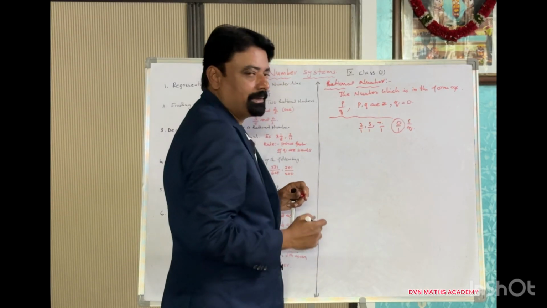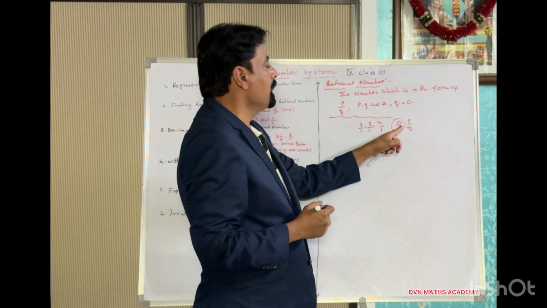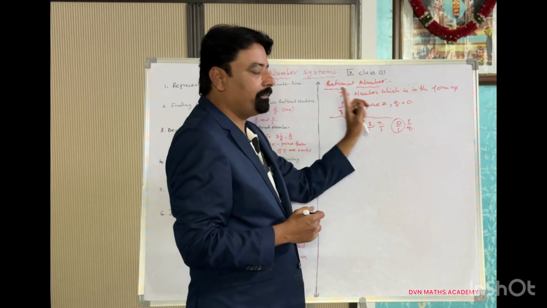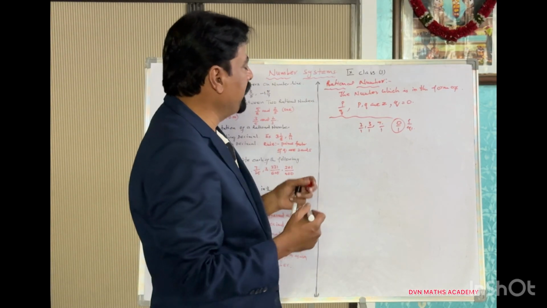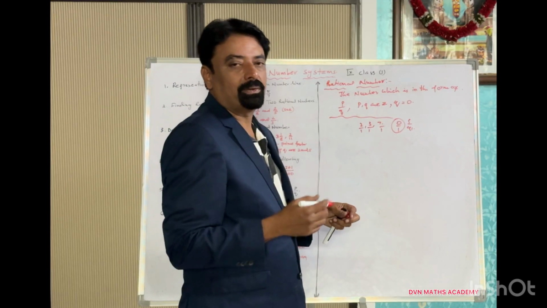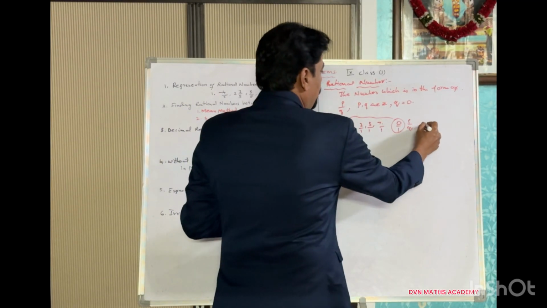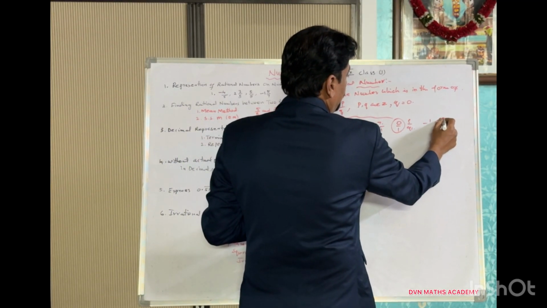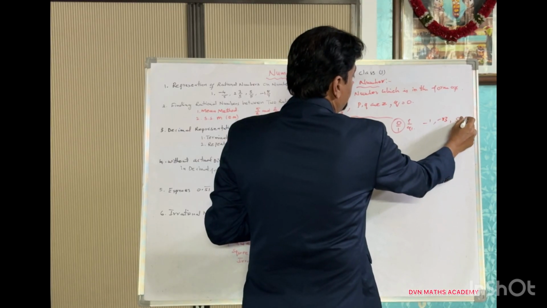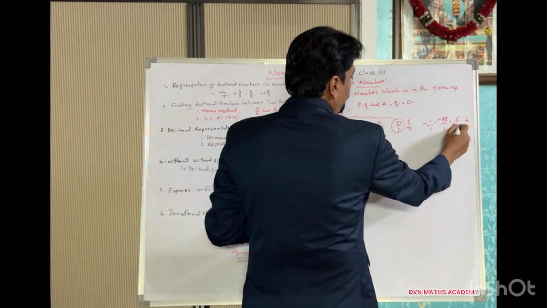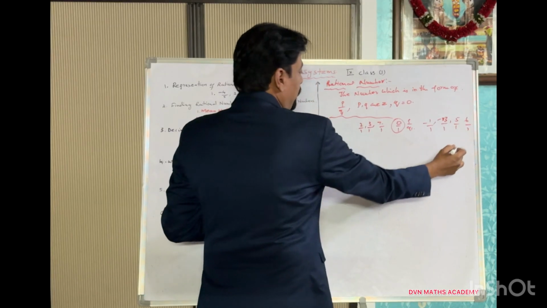In the definition of a rational number, there is no condition for P. Q should not be equal to 0. Therefore 0 is also a rational number. All integers are also rational numbers. Minus 1, minus 13, 5, 6, all we can write over 1. So all integers are also rational numbers.